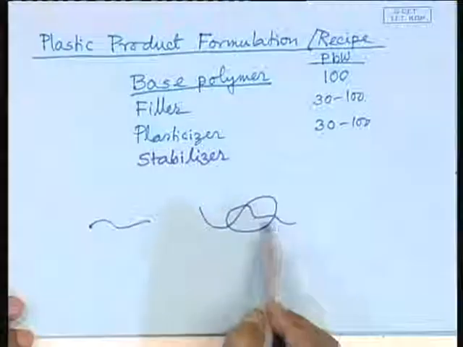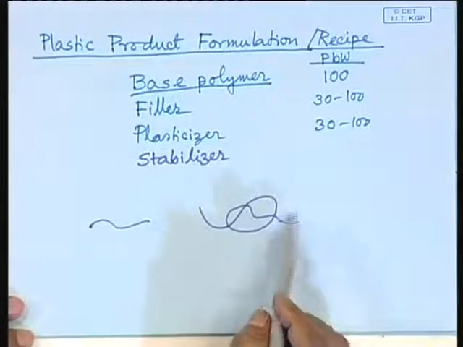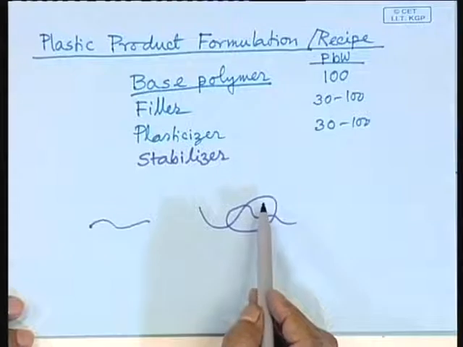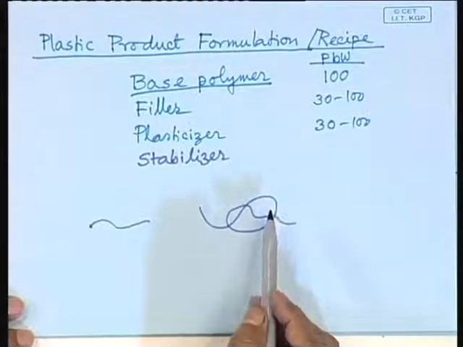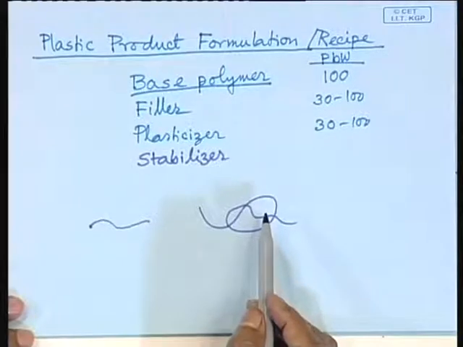So, here if you add say 100 parts of filler to 100 parts of polymer, you can incorporate, and you will be surprised to know that in some rubber products to 100 parts of rubber more than 1000 parts of fillers are incorporated.